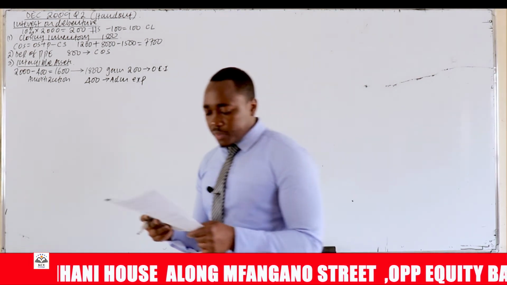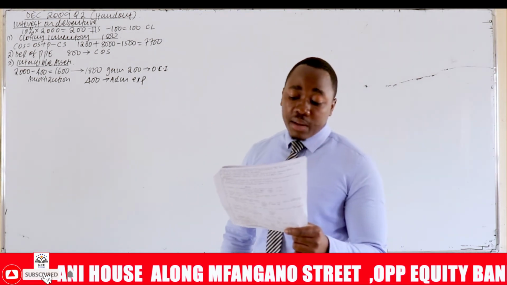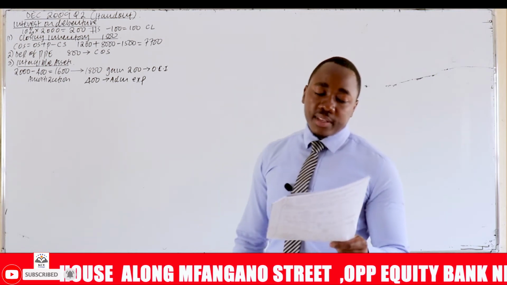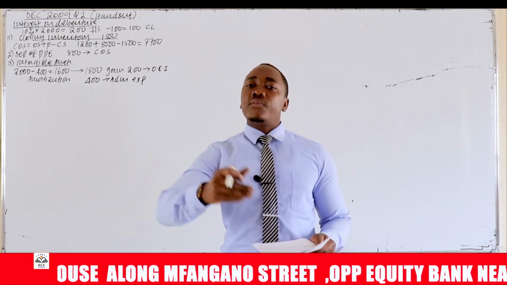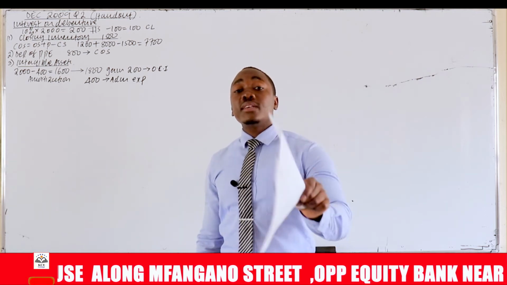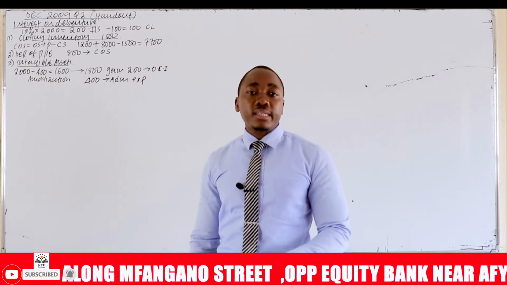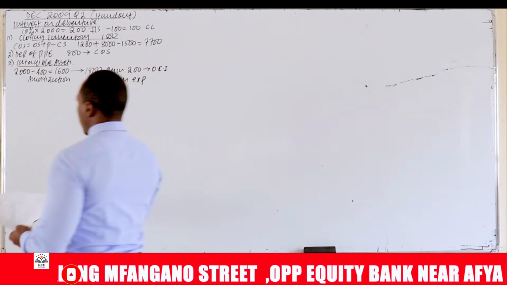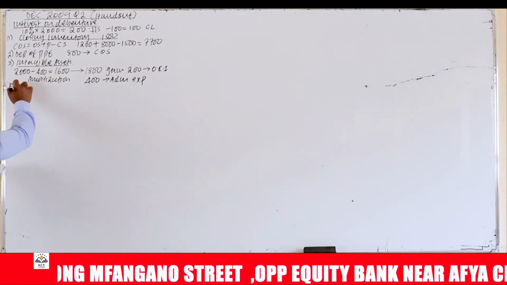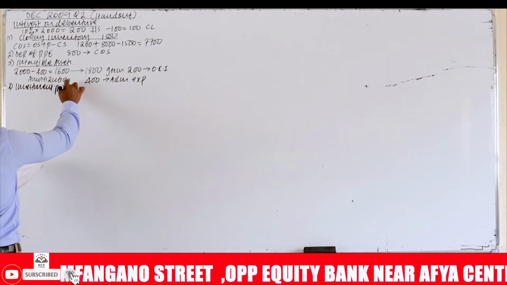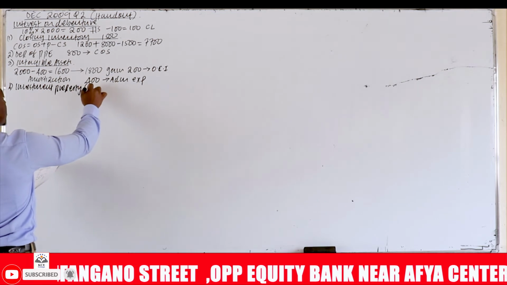And number four, land is held for capital appreciation and is accounted for at fair value. Now note that land held for capital appreciation is not part of PPE. It's what we call investment property, IAS 40. So number four, we have investment property or land.